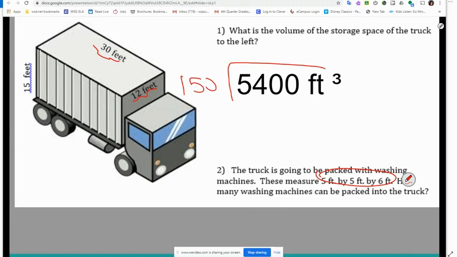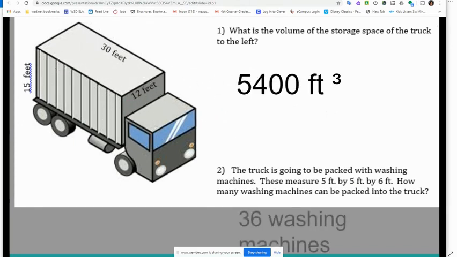And then I'm just going to divide it. Okay, when I divide that out, I get 36 washing machines. Okay, and that is the answer. That's a two-step problem, so don't forget to do all of the steps.